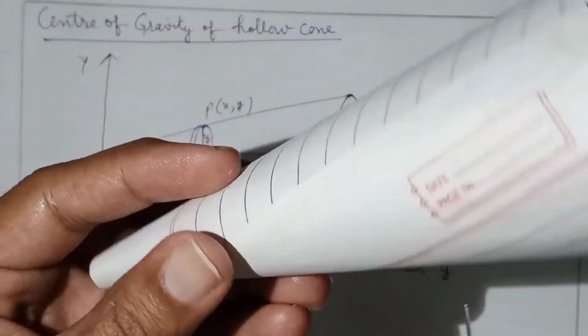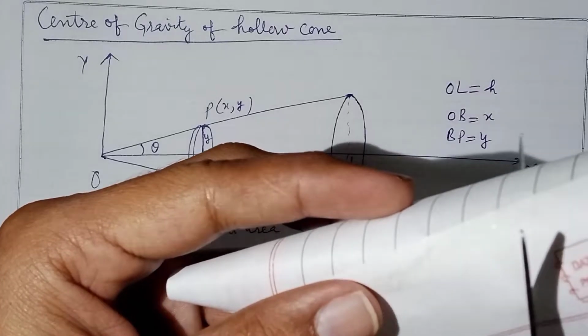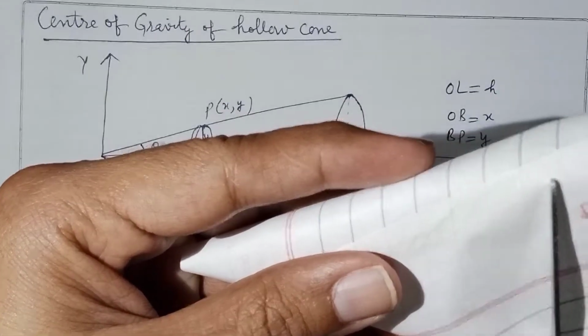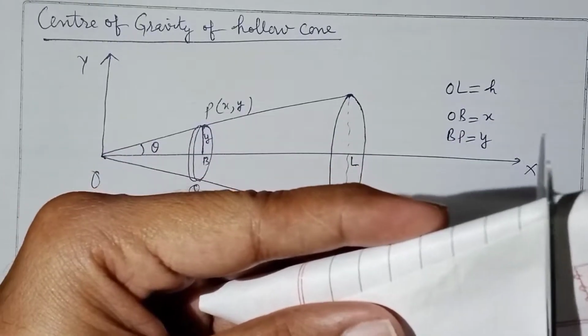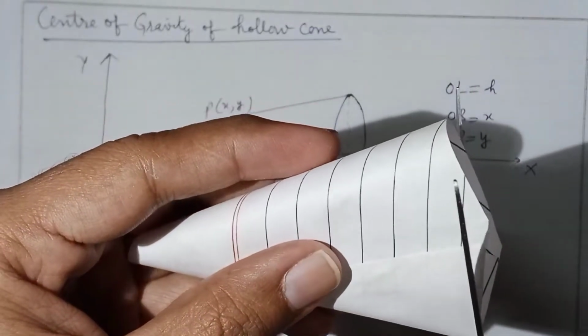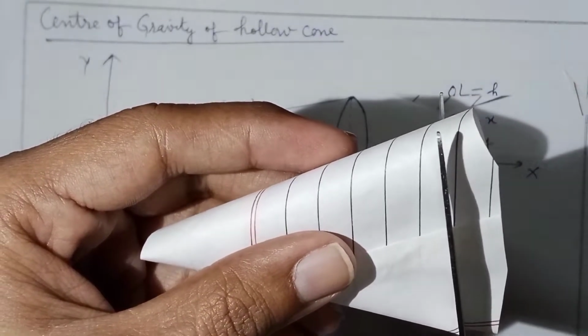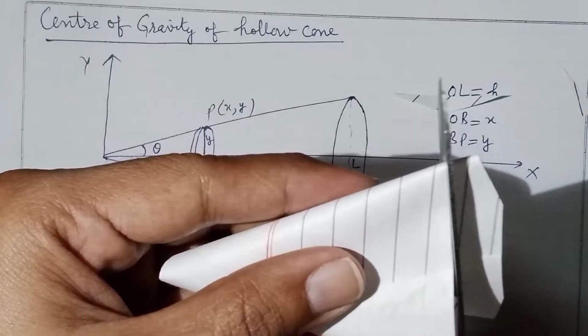I am going to cut it and I will take out a small disc out of the cone. See. And I have taken a disc.